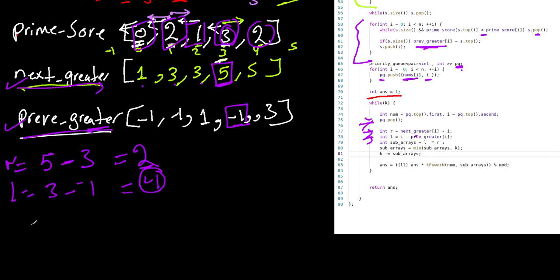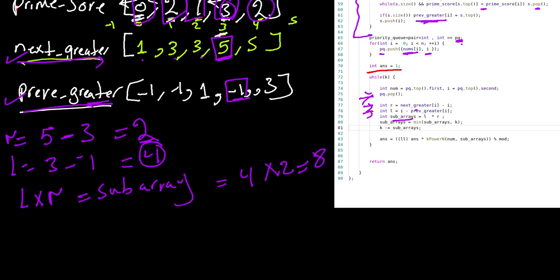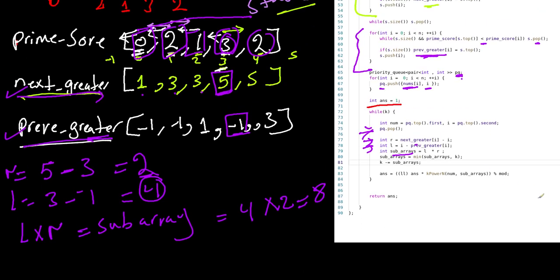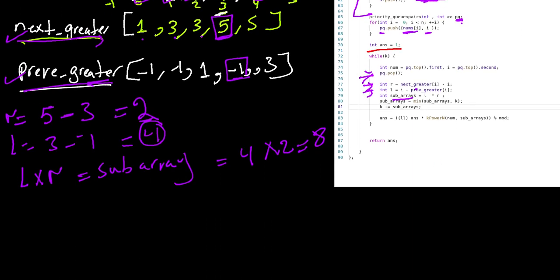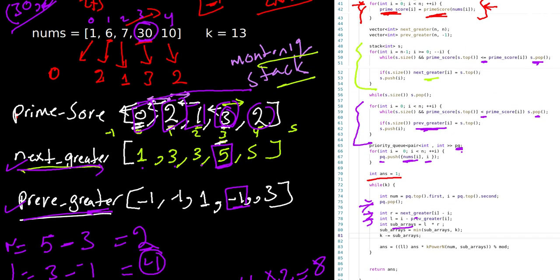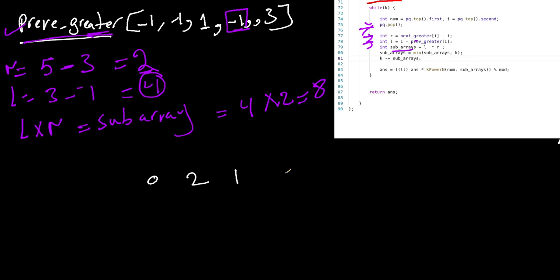Now the number of subarrays, as we said, is L multiplied by R. In this case it's 4 multiplied by 2 equal to 8. So if we took all these numbers, 0 2, then 1 3 2, we need to find all the subarrays that include this number.